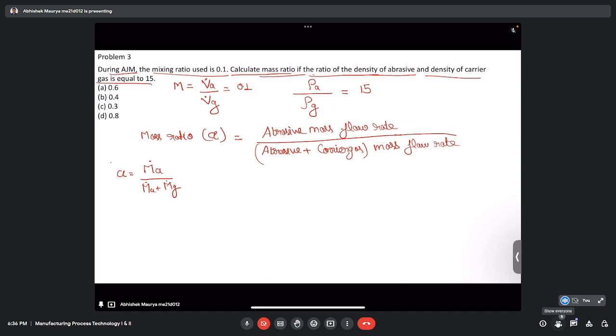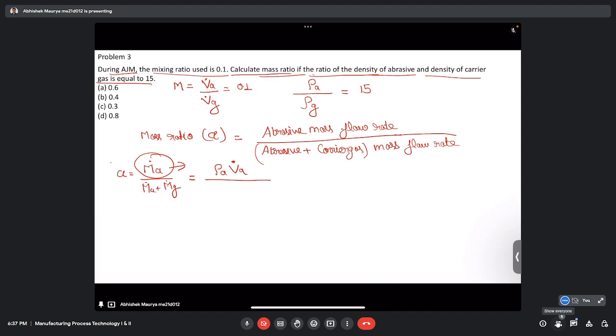And what is the abrasive mass flow rate? If we dissociate mass flow rate into known terms, it will be the density of abrasive particles multiplied by the volume flow rate of abrasive particles.